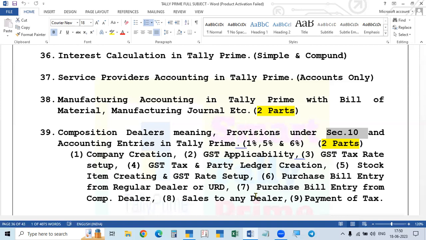When you are selling, you cannot collect the tax. But irrespective of the tax rate, we have to pay a small percentage of the tax to the government from our own pocket.